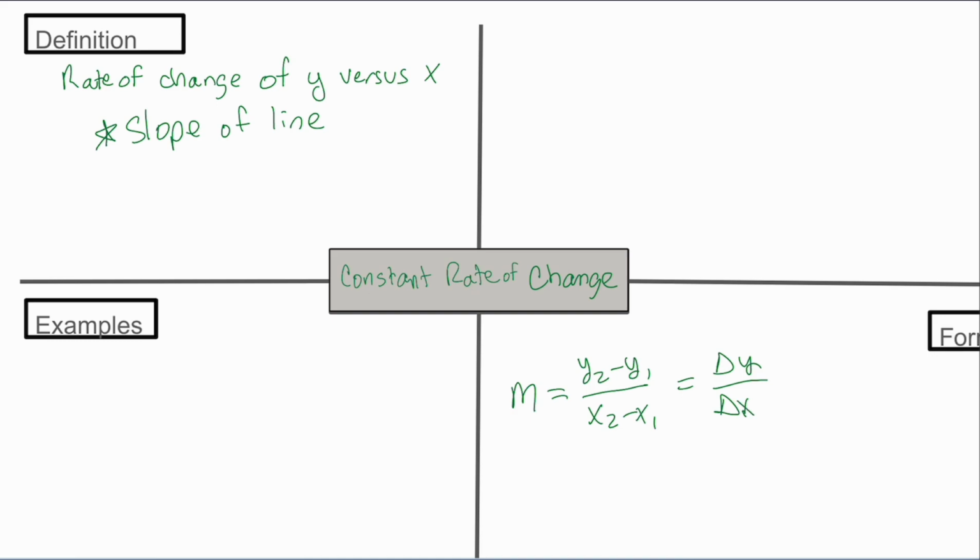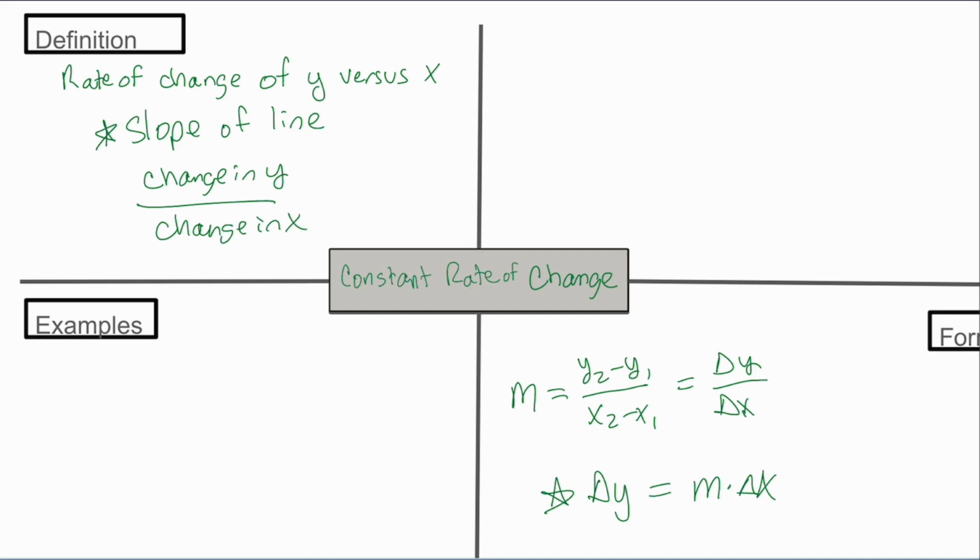Okay. We can rearrange that for some contexts where delta y equals the slope times delta x. Back over where it says definition, we could also write in words change in y divided by the change in x. So I would include more of the words in that spot.